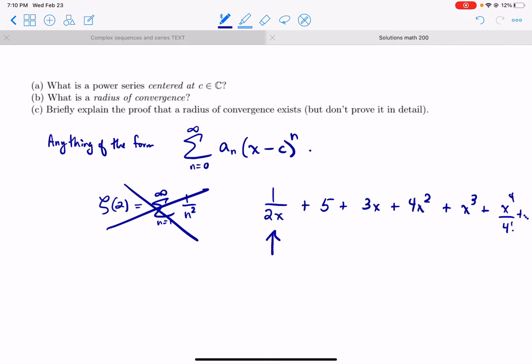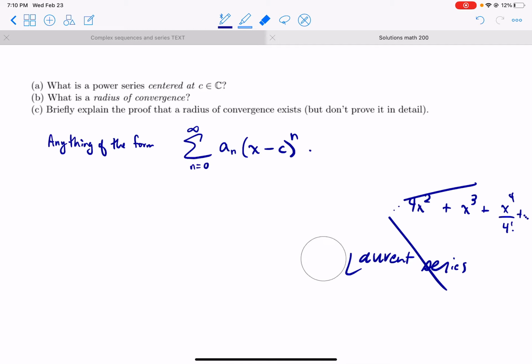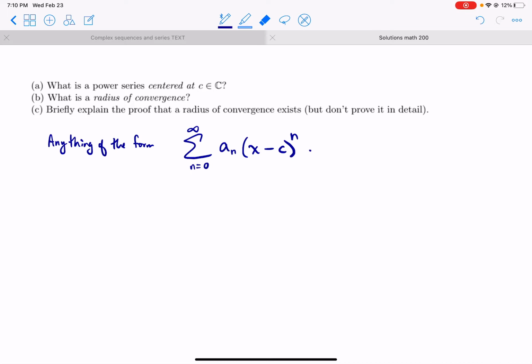And this part right here makes it not a power series. This has an exponent of x to the negative 1, which makes it a Laurent series or something like that. And that's not a power series. Wonderful.